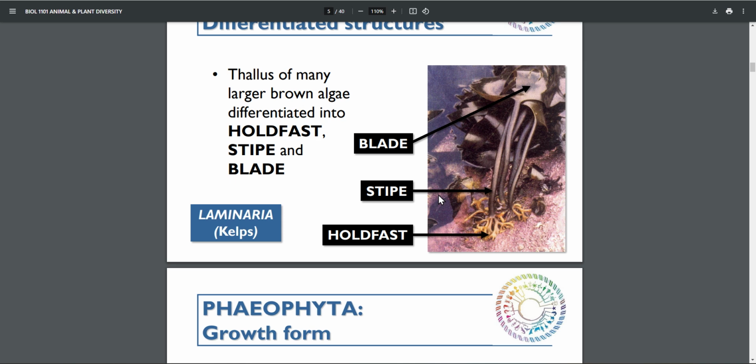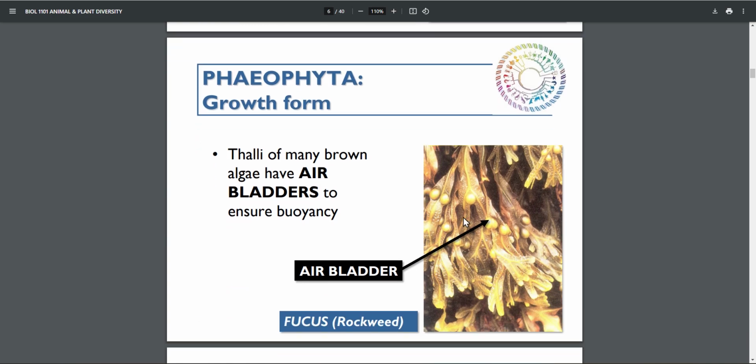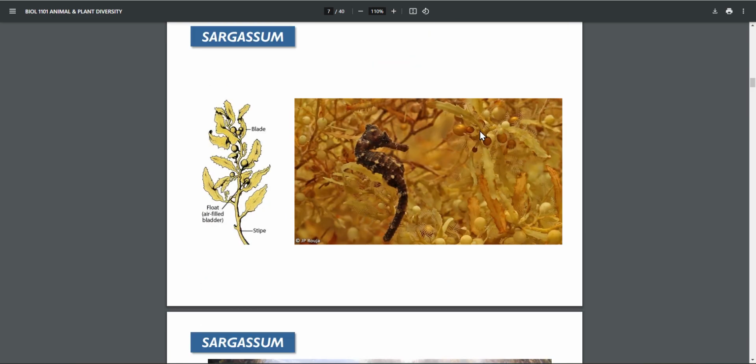Holdfast is only for anchoring, while roots do a multitude of things. And actually there is one more structure, which is called the air bladder, which helps in buoyancy so that the algae can float and stay upright.